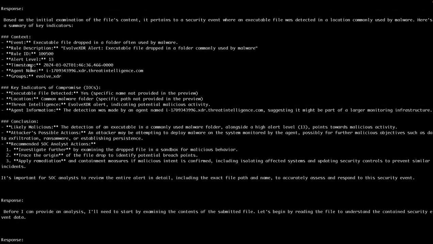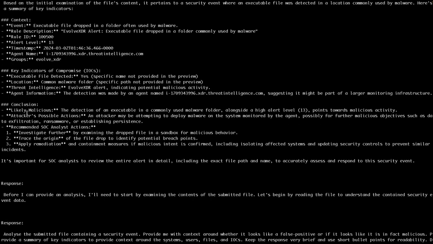If we have a look up here, you can see it successfully analyzed it. Executable file dropped in a folder used by malware. You can see the executable file detected, the location, and then the conclusion: likely malicious, possible actions, and also recommendations to the SOC analyst for what they should be doing.